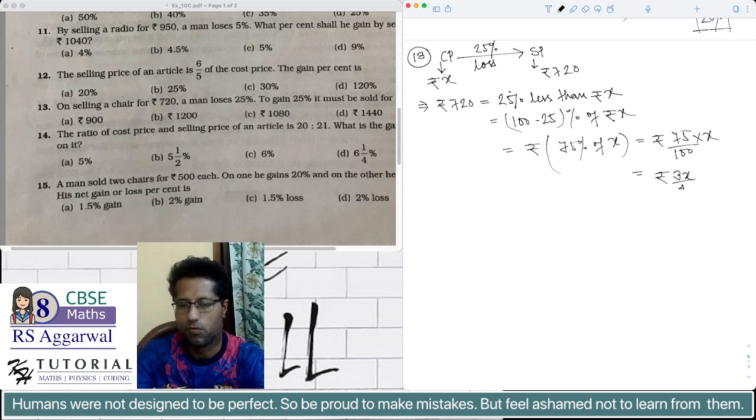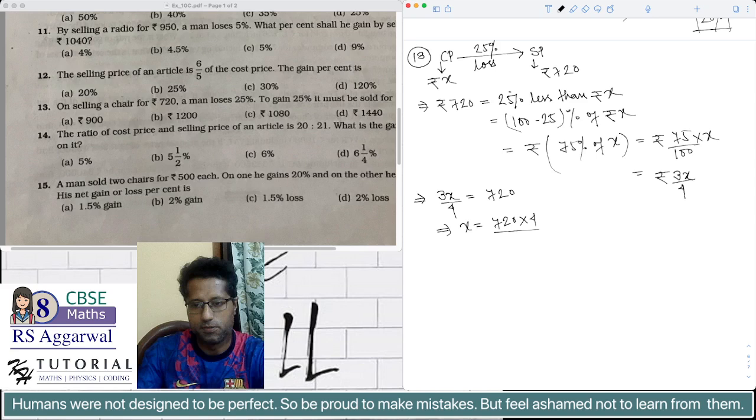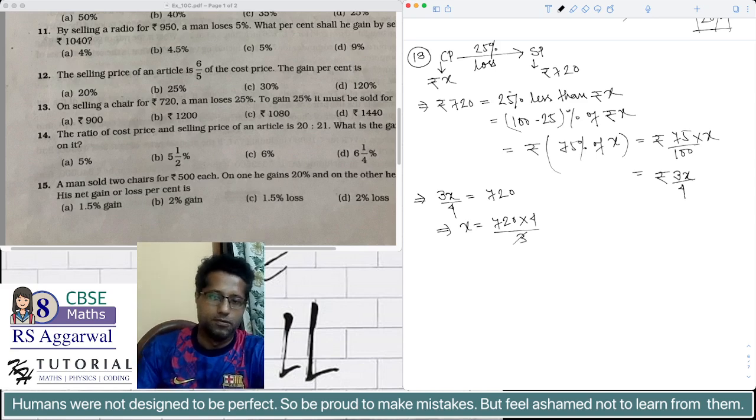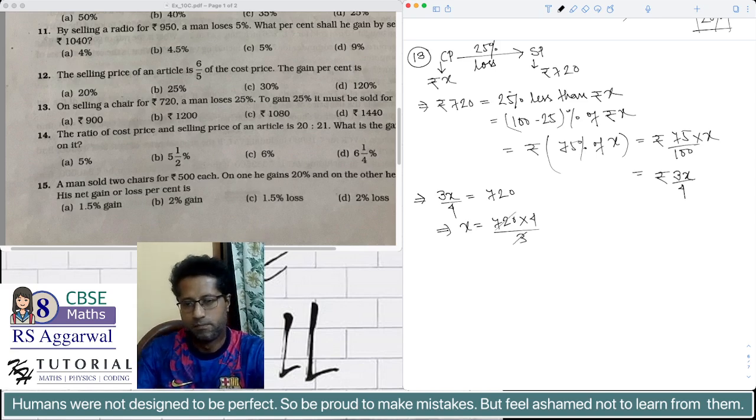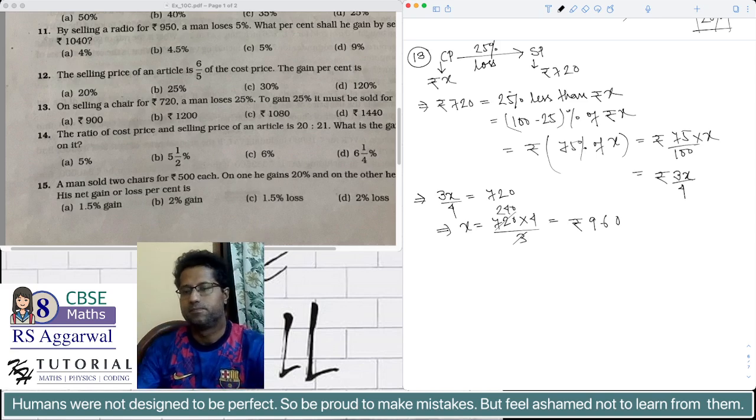So 3x by 4 is equal to 720. This implies x is equal to 720 multiplied by 4 divided by 3. 3 divides 720 with 240. 240 multiplied by 4 is 960. So the cost price is rupees 960.